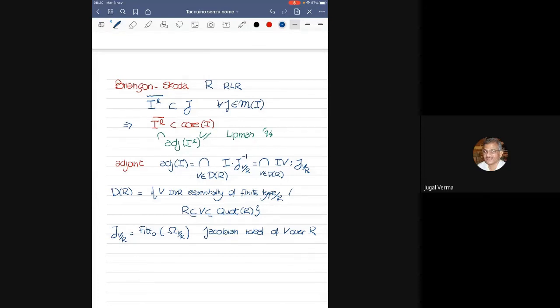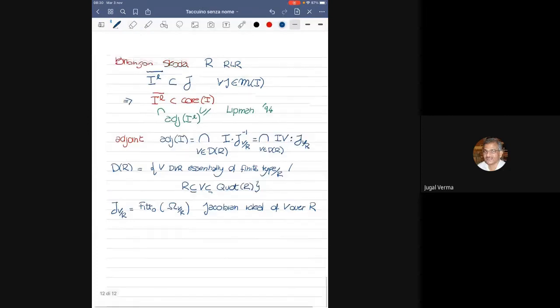In analytic geometry it was introduced by Nadel and Demailly, and in algebraic geometry by Esnault and Viehweg, in connection with vanishing theorems, because the multiplier ideal measures the singularity: the smaller the multiplier ideal, the worse the singularity is. Obviously, this has a different definition in terms of resolution of singularities, and I don't have time to go into this, but in characteristic 0, they are the same thing.